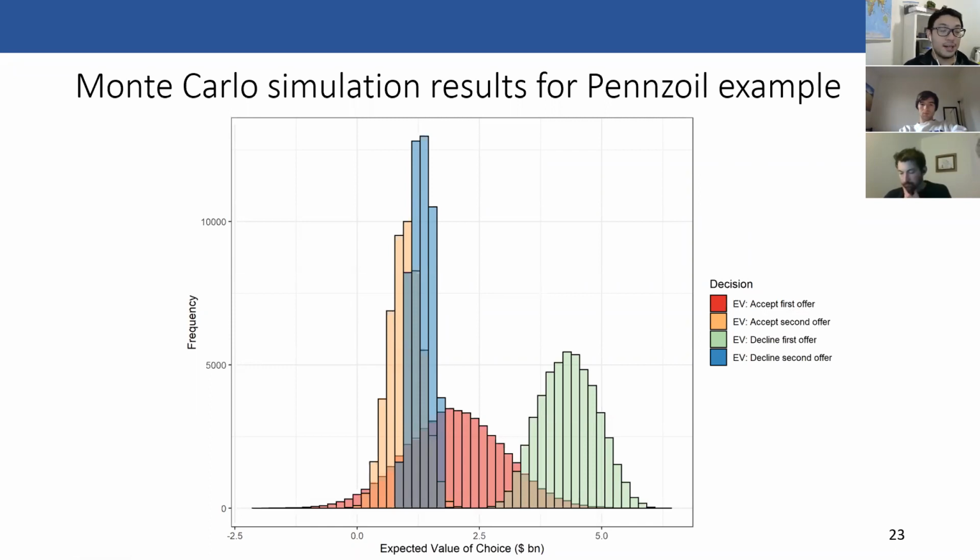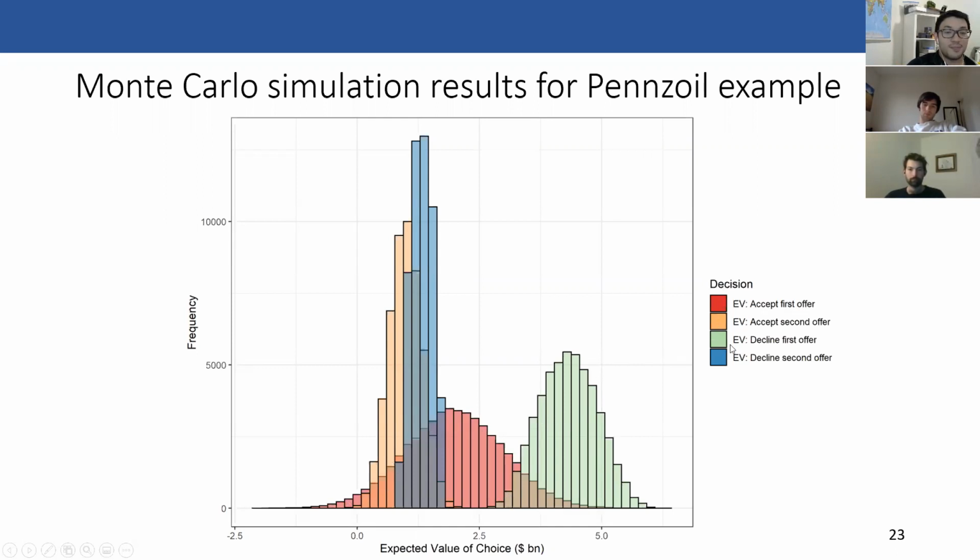This is really where you see some of the value of the Monte Carlo analysis. I'm able to really observe what the distributions of my outcomes look like, the range of values and the range of likelihood of particular values that I'm going to see in a particular outcome. In this case, I can see that the green distribution is pretty often quite a bit larger than the red distribution, right?